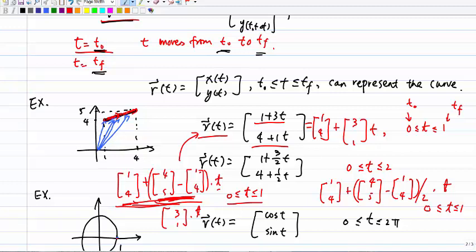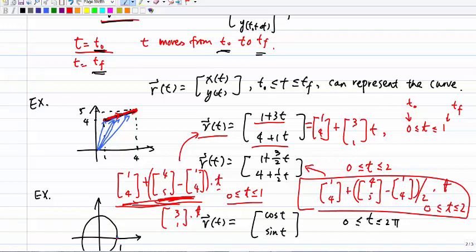It doesn't cover the second part. If you let t be greater than or equal to 0 and less than or equal to 2, you can scale it up to this point. You cover every point over here. So this is also a valid representation of the curve, which is 1 plus (3/2)t and 4 plus (1/2)t, if you let t be greater than or equal to 0 and less than or equal to 2.